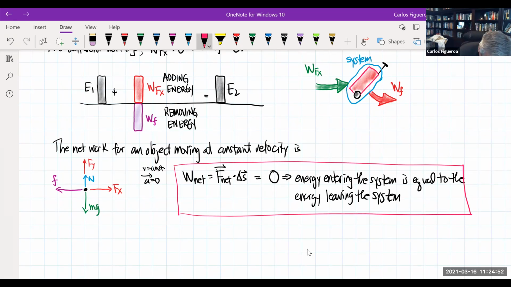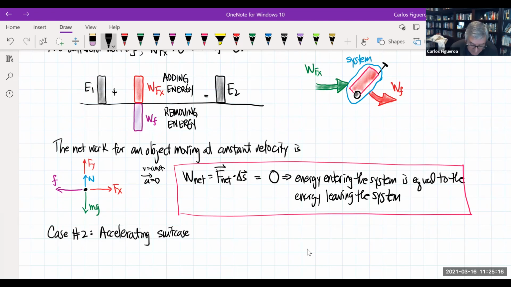Now, let's go to case 2. What we want to do now is talk about an accelerating suitcase.